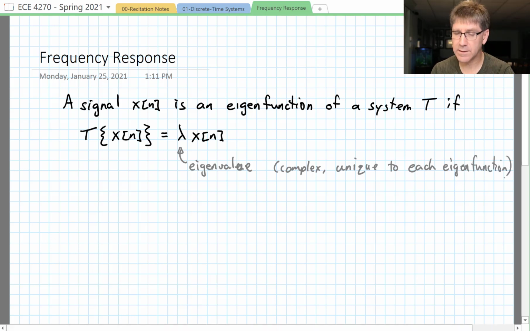Just as different eigenvectors may have different eigenvalues, so we also have that different eigenfunctions may have different eigenvalues.